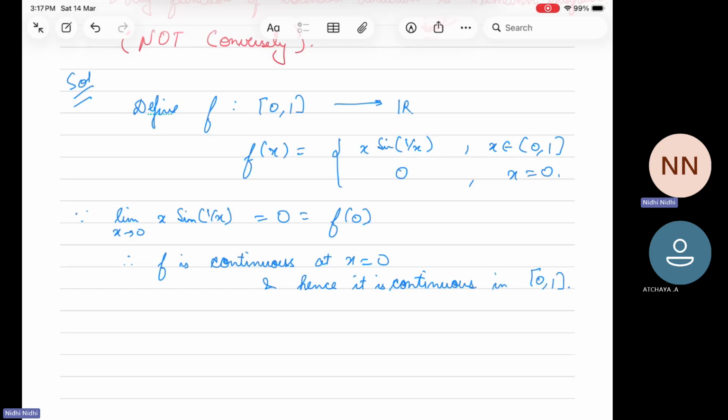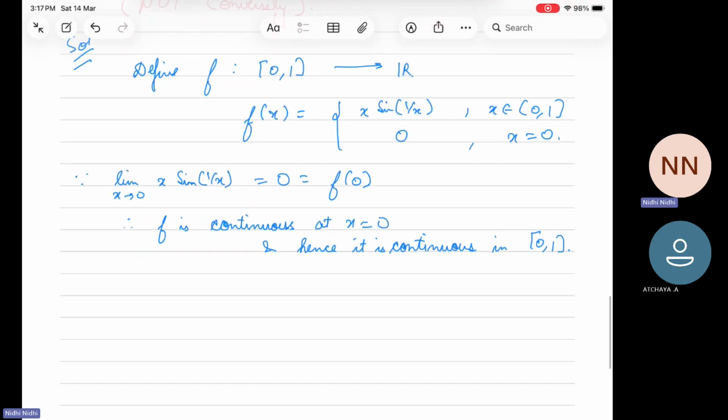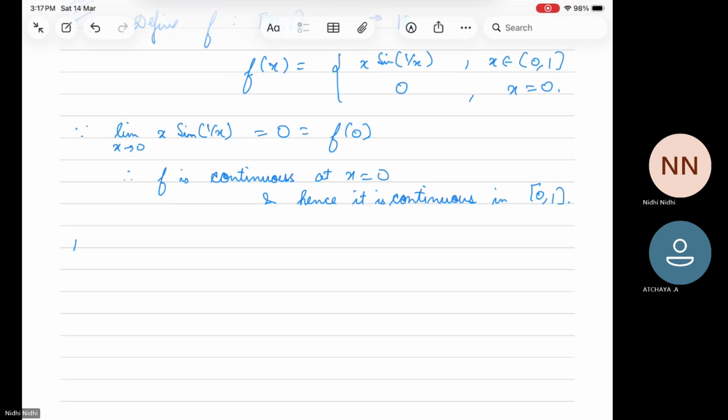And we know that every continuous function defined on a closed and bounded interval is Riemann integrable, therefore f is Riemann integrable. I think you must have done this in your theory class.